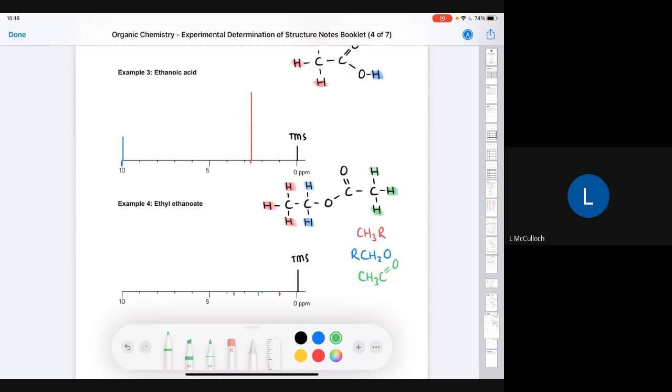So when we now go on to look at the height of our peaks, there are 3 hydrogens in the green environment, 3 hydrogens in the red environment, and then there's just 2 in the blue environment. So the blue line should be 2/3 of the height of the green and the red line. And for me, it's just easy when I make everything like a particular centimetre. So I'm going to make every hydrogen 1 centimetre. But you guys may choose to use a different number than that. It's absolutely fine.